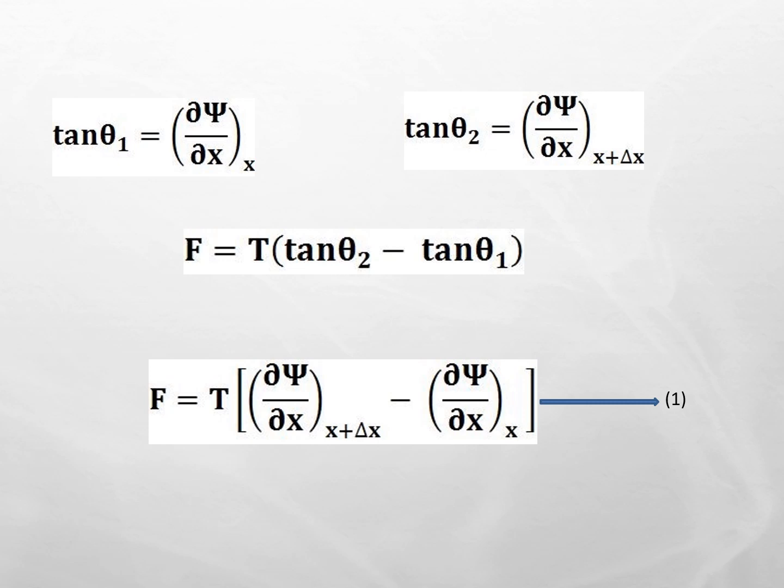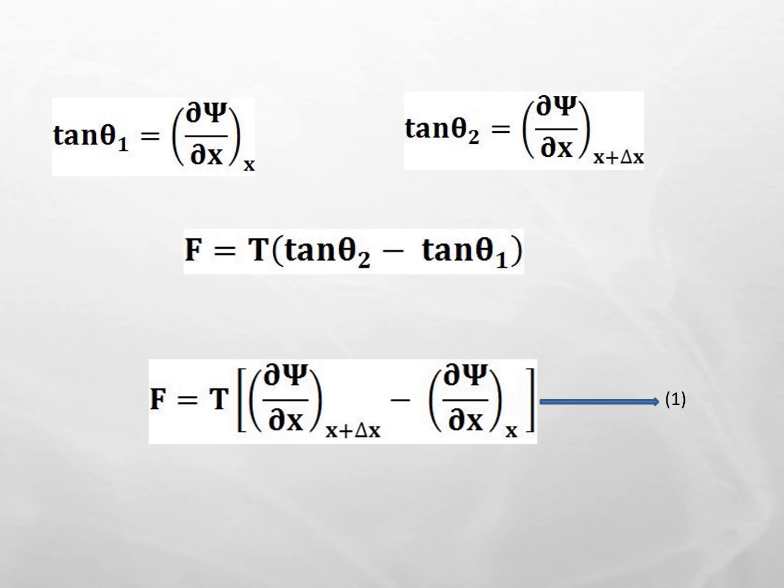Therefore, tan theta 2 is equal to dou psi by dou x at x plus delta x. Earlier we had written F is equal to T into tan theta 2 minus tan theta 1. Now it can be rewritten as F is equal to T into dou psi by dou x at x plus delta x minus dou psi by dou x at x. Put this as equation number 1.